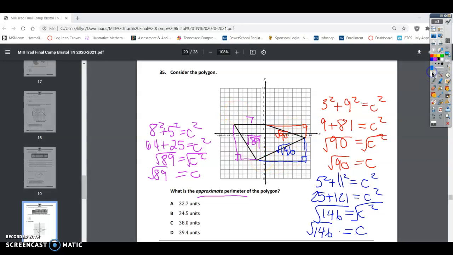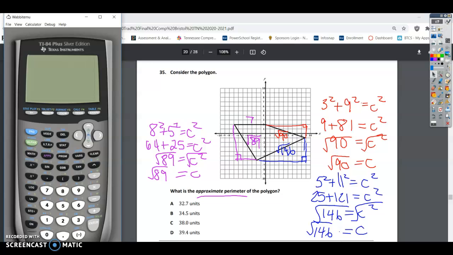So since you're allowed to use a calculator on this, let's just type this in. So we're going to say 7 plus, and we can just type these in just like they are. So we can do square root of 89 plus, oh, go back, clear.